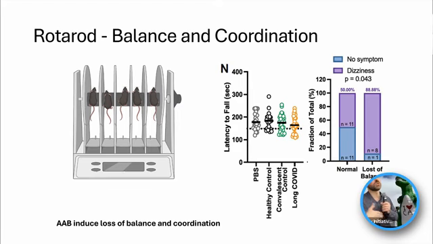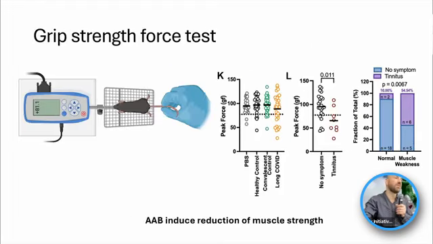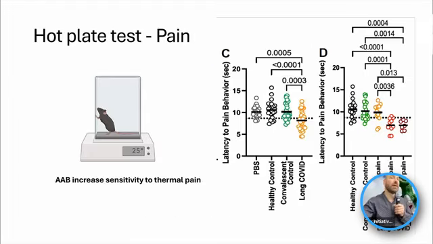The next thing that she did was she injected these antibodies into mice. And what she started to see is that the mice who received antibodies from people with long COVID experienced deficits in balance, experienced deficits in grip strength, and also experienced increased pain sensitivity.